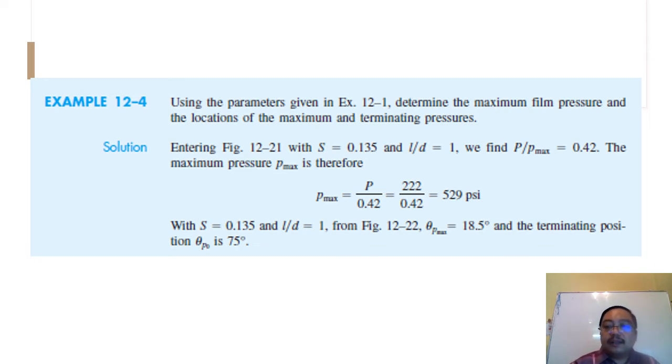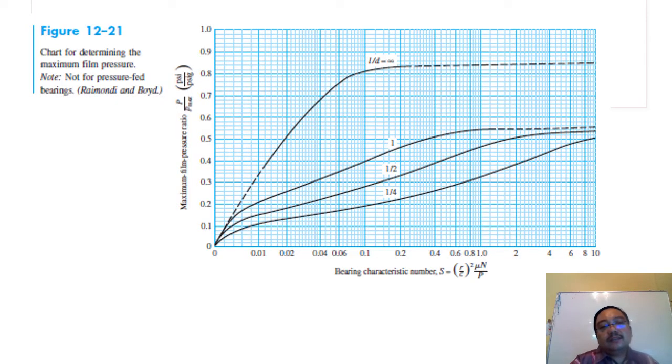So let's see what both figures show. Here is figure 12.21. It shows the maximum film pressure. Again, the Sommerfeld number is important. Here is the Sommerfeld number. Never forget this equation.